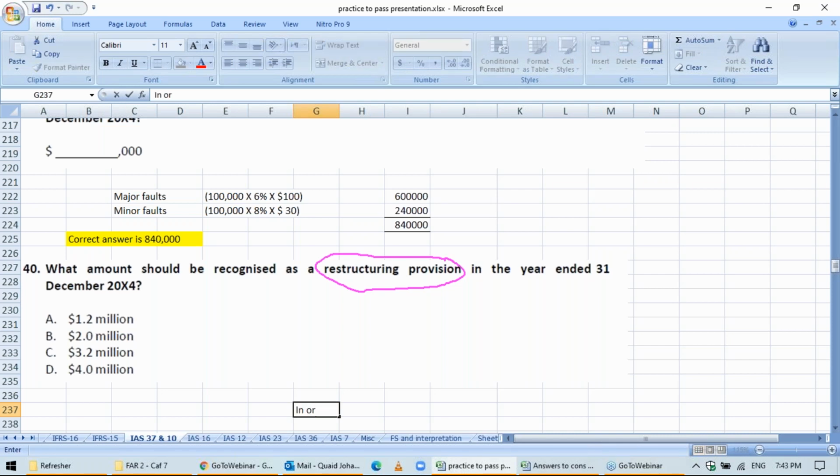In order to include an expense in a restructuring provision, the expenditure shall be directly related to the restructuring.